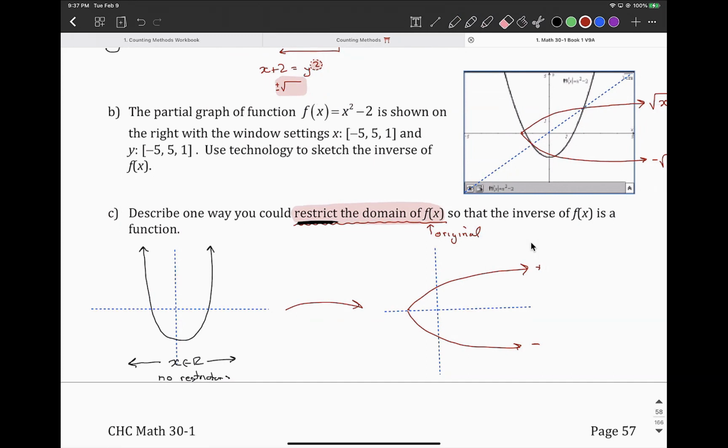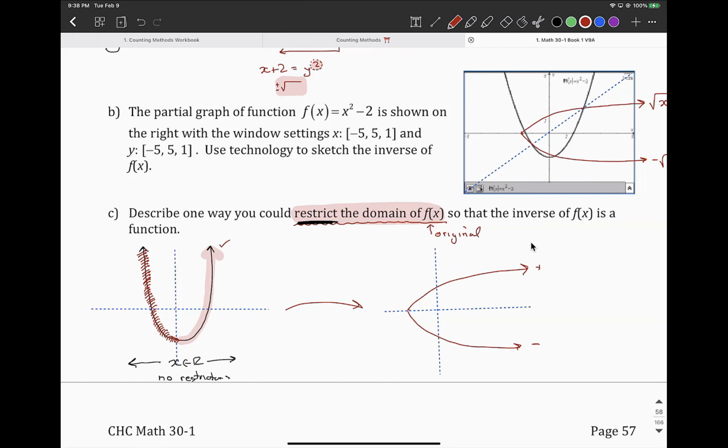What a restriction could look like is to say, what happens if we were able to erase or get rid of a good part of the original, like half of the original, for example. And I say we're only going to keep this part of the graph. Now, it really doesn't matter which part you keep, but as long as you keep a small enough piece, the reflection will work out.